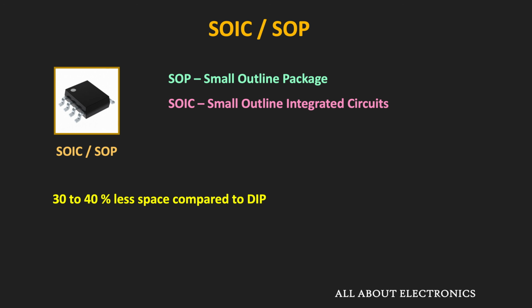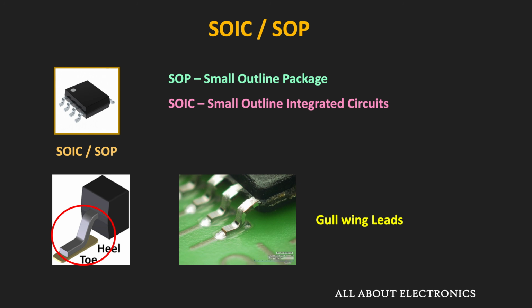Both these packages are two-sided packages, meaning that the leads are arranged in a row on both sides of the package. And these packages are using Gullwing kind of leads. In these packages, the pin count ranges from 8 pins to 64 pins. That means ICs with 8 to 64 pins are available in these packages.